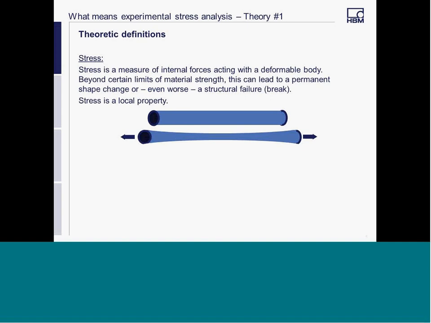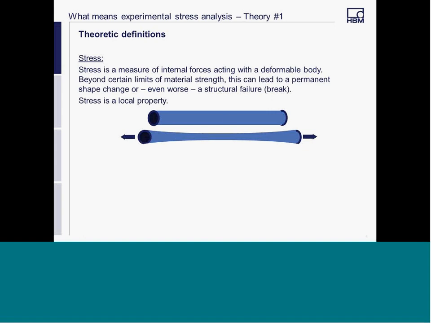As you can see here, if you put forces here and here on the bar, it will get longer and thinner. Of course, it does not look like that in reality in case of steel, but it gets a little bit longer. This is shown much more than it is in reality.